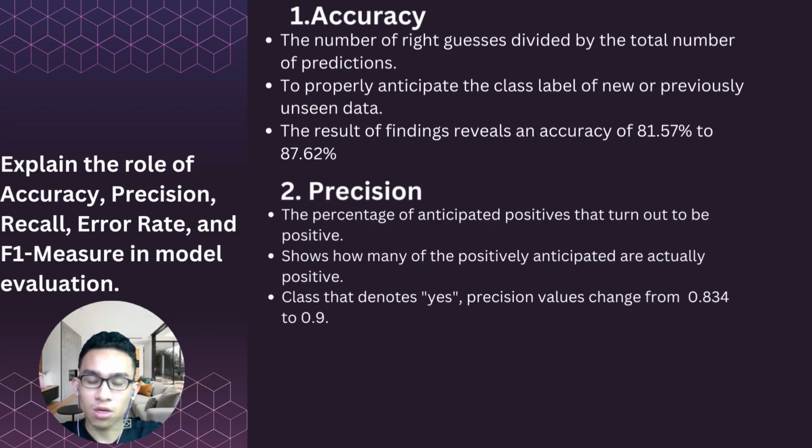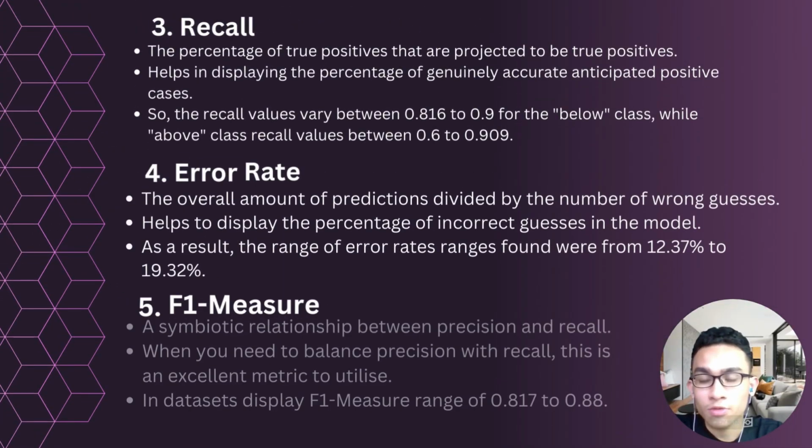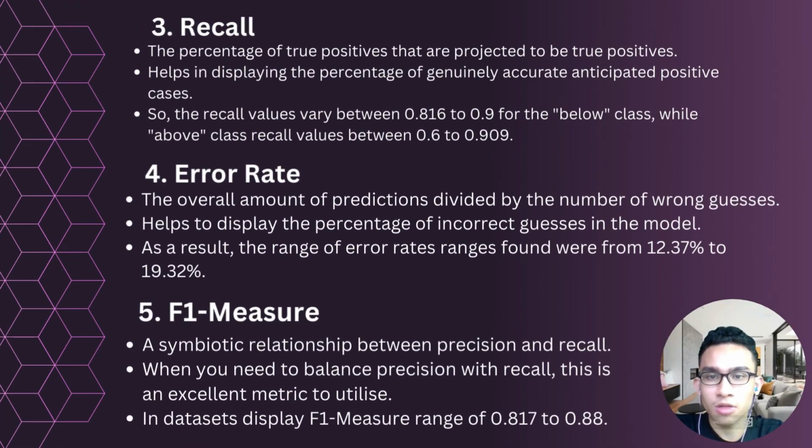Referring to the confusion matrix, the class denoted yes has precision values that change from 0.834 to 0.9. The third one is the recall. Recall in model evaluation is defined as the percentage of true positives that are projected to be true positives. It helps in displaying the percentage of genuinely positive cases that were anticipated.